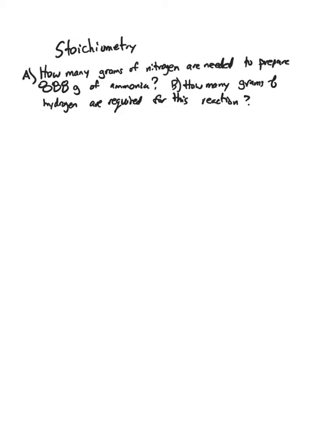So let's see what we're after and what we have in this problem. We want to know how many grams of nitrogen. Now that's not atomic nitrogen. We don't find atomic nitrogen in nature. It's always a diatomic molecular species. So it's going to be grams of N2.